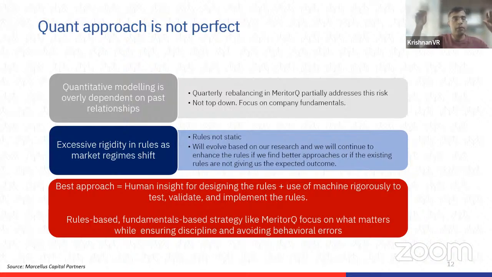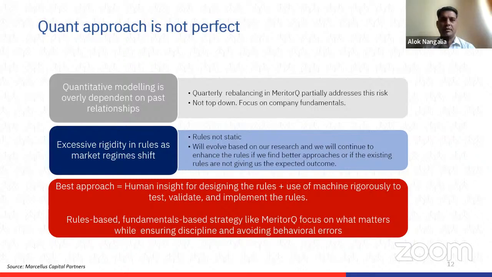We get the benefit of keeping the biases away, the discipline and the breadth of the investment universe which we talked about using the machine, but the insight and adaptiveness from the human involvement in designing the rules. So we get the best of both. Yes, the weaknesses are there, but in MeritorQ, we have done our best to address these weaknesses.